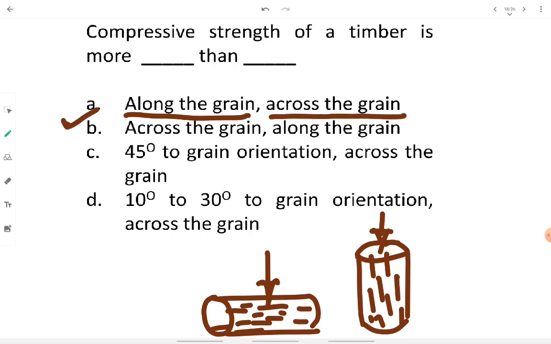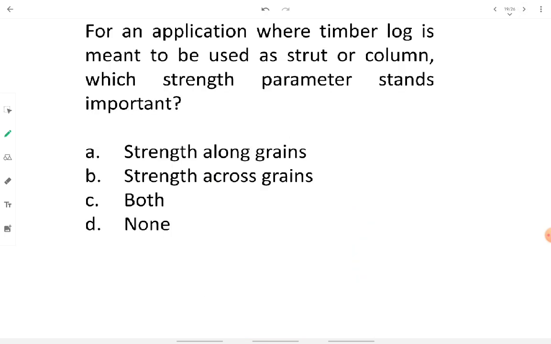Okay, option A is correct. Therefore, compressive strength of a timber is more along the grain than across the grain. Parallel to grain orientation, more compressive strength; perpendicular to grain orientation, less. With this, let's move to the next question.